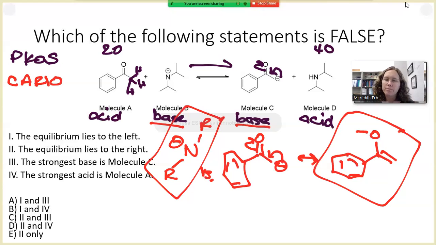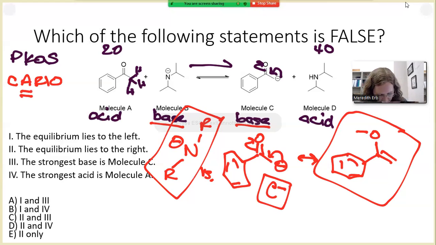This is an example where some people might get tripped up because they might see that C- right here and think, okay, C- versus N-, the C- would be the stronger base. But the resonance switches us back to thinking about what atom is bearing the negative charge. And the more significant resonance contributor would have that negative charge on the oxygen.